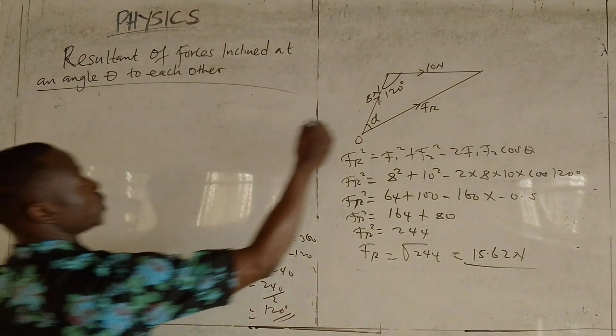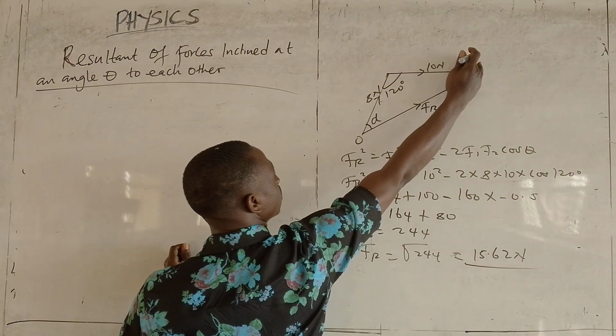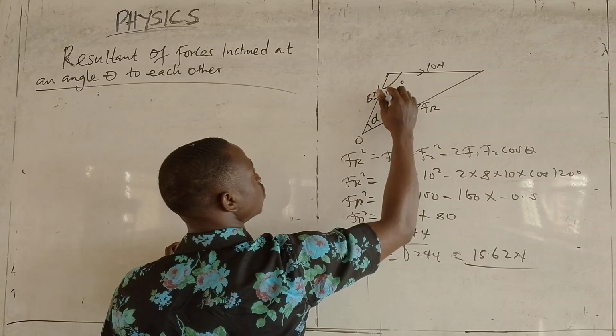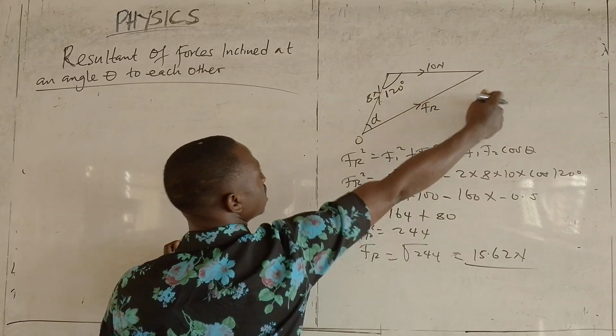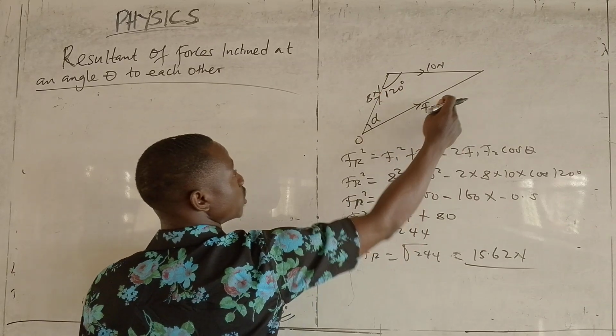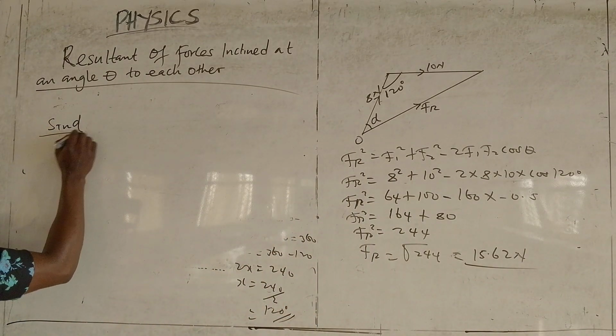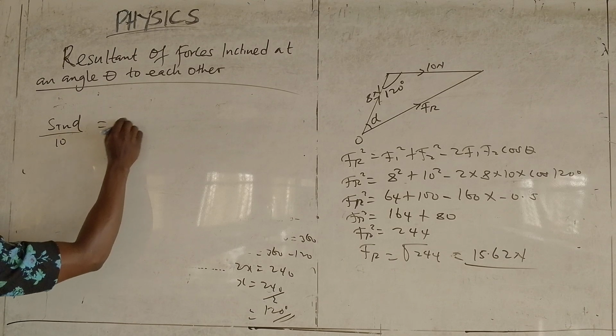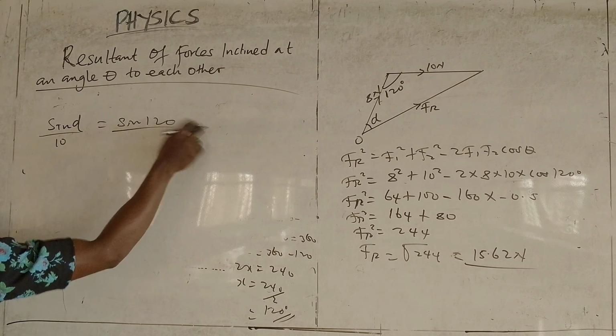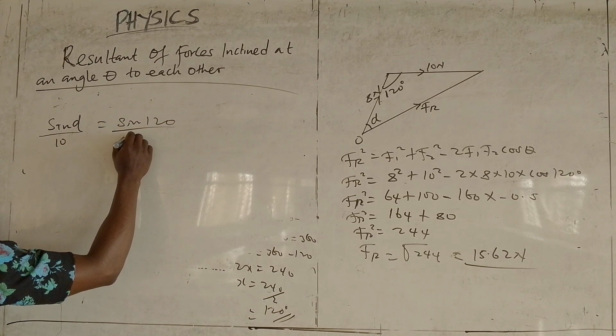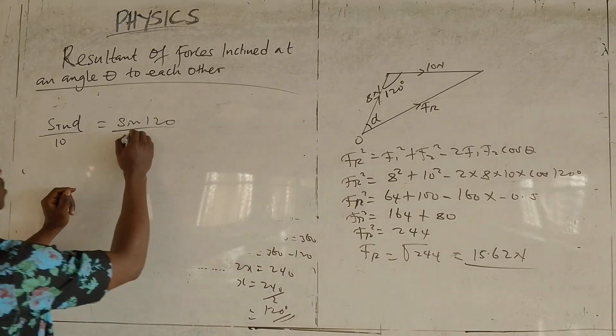We are looking for alpha. We know the side opposite this angle, then we know this angle, 120, and the side opposite to it, which is our resultant. So that's going to be sine alpha over 10 equals sine 120 over the opposite side, which is FR.